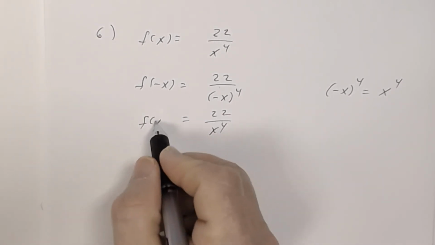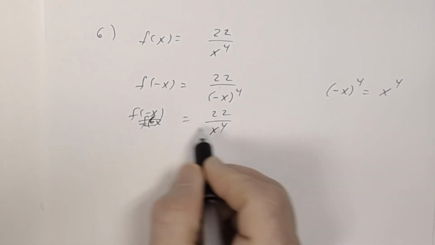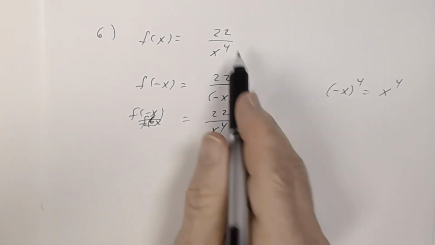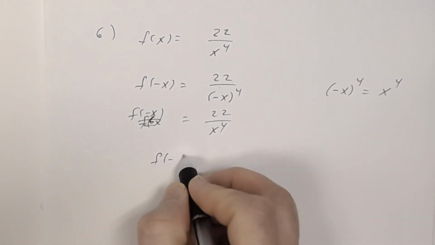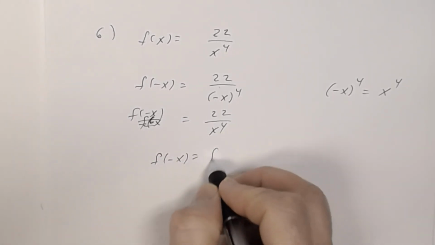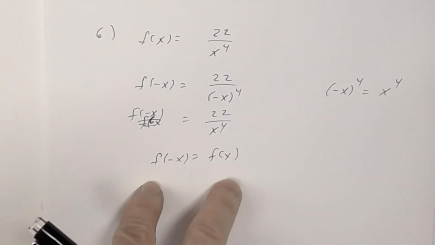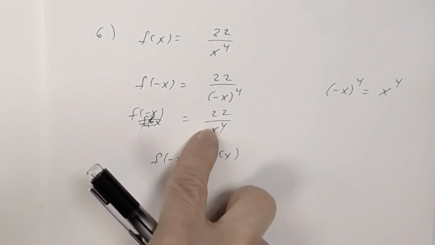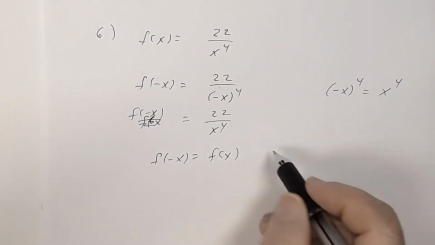So f of negative x is equal to this. What do you notice about these two? They're the same. So what we found is this: f of negative x is the same as what? f of x. So what kind of function is f of x then? If those two are equal, then that means that f of x is an even function.